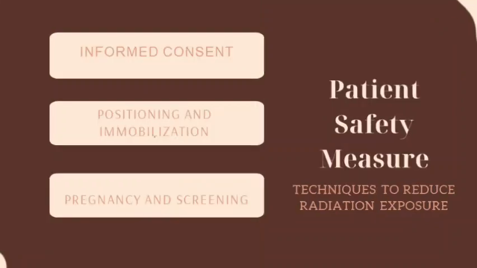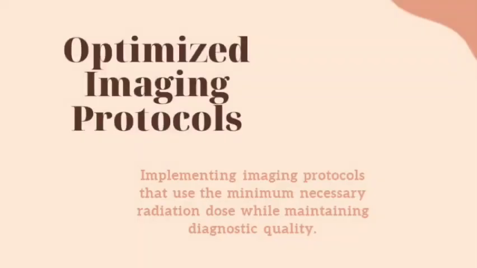There are various ways to ensure radiation protection of patients during a SPECT scan. First, there should be optimized imaging protocols. Implementing imaging protocols that use the minimum necessary radiation dose while maintaining diagnostic quality should be followed.